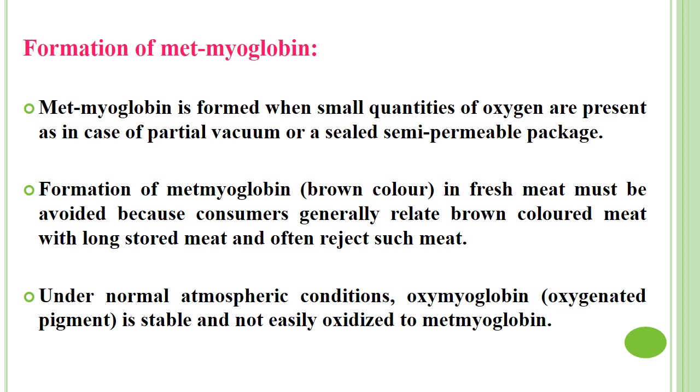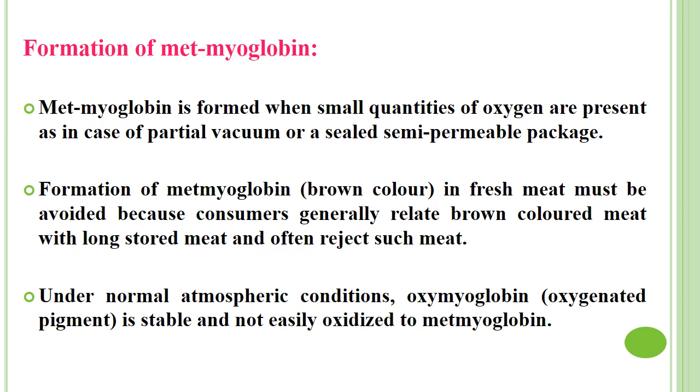Or sometimes, if we have a packaging material which is not permeable to oxygen, again it may lead to slow formation of metmyoglobin. Formation of metmyoglobin in fresh meat must be avoided because consumers generally relate this brown color to stored meat or old meat, and they don't like it or reject it.